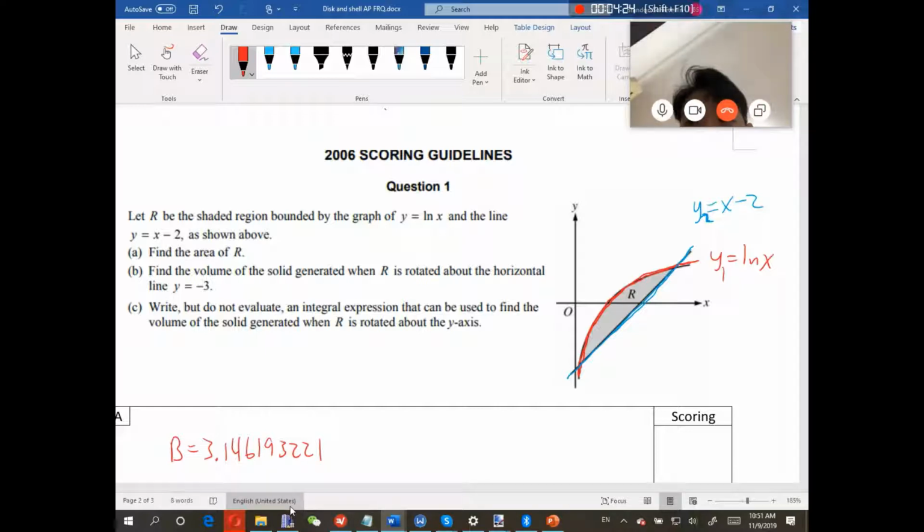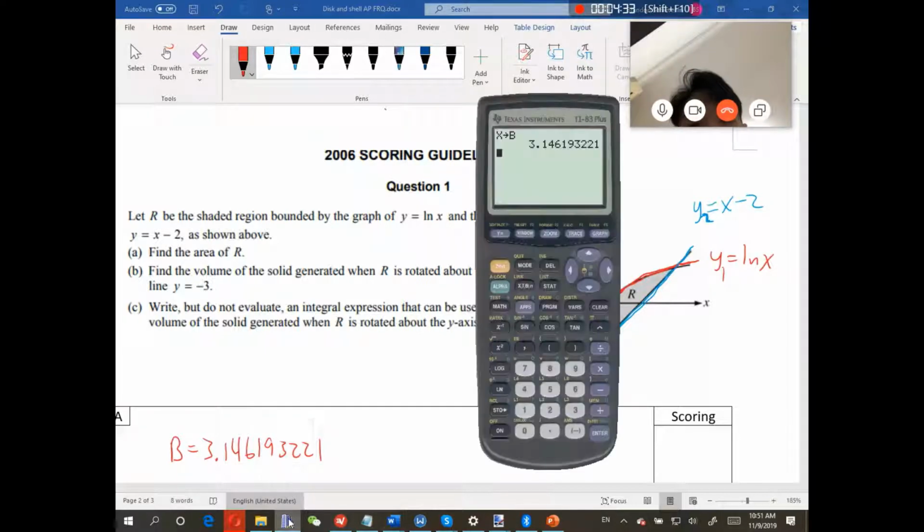Okay, now that I've labeled this as B, I never have to write that decimal again. I can just write B for all the rest of my work. Okay. But I am going to store that in the calculator so that we are not rounding, and our answer won't be wrong since we have to be right to 3 decimal places at the end.